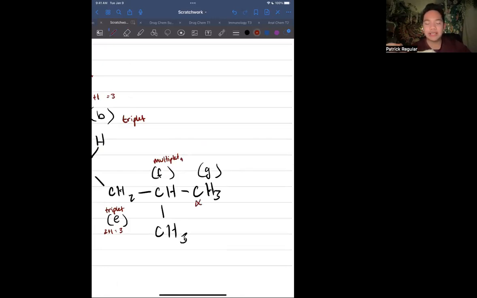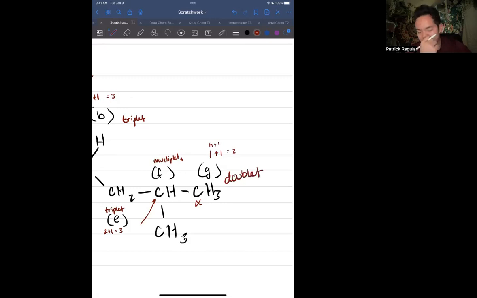Let's look at the adjacent carbons. The only adjacent carbon is this one. I see a total hydrogen count of one, plus one, n plus one, a total of two. So this is going to be a doublet.